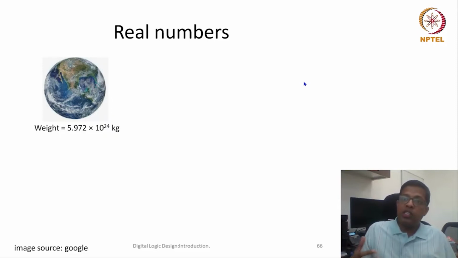I have to have something which would be, for example, 128 bits to represent this number. This is one of the large numbers, and there could be so many things around us which represent quite large numbers.